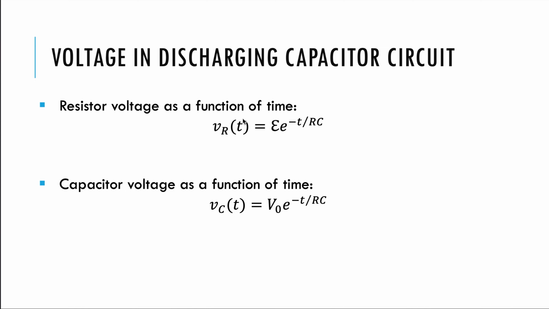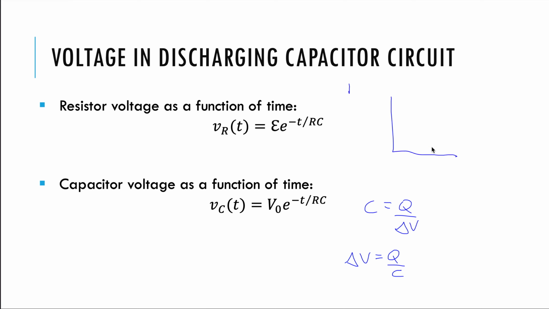This one uses the current equation multiplied by R to get V. And this one uses the charge equation; let's see, C equals Q per V, so delta V is Q per C. I always have to write it down. So we use our charge equation that we just found and divide it by C to get this equation.